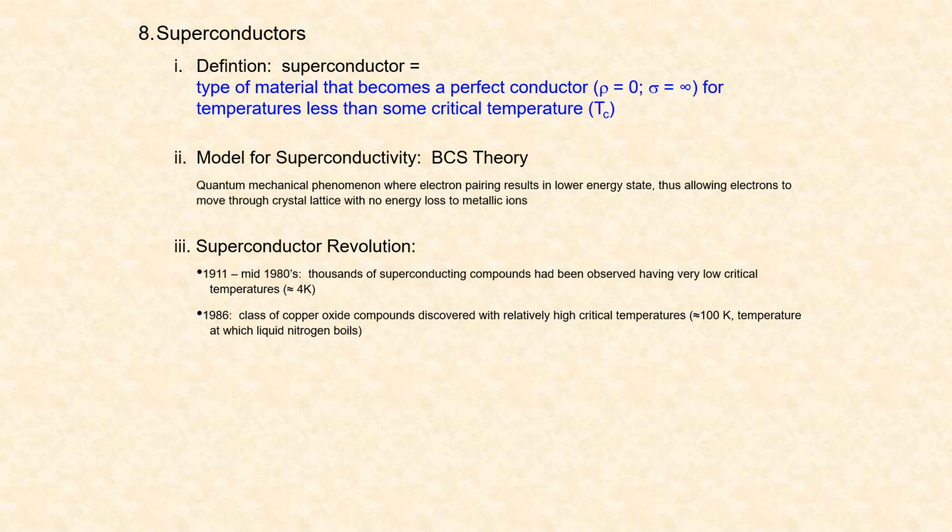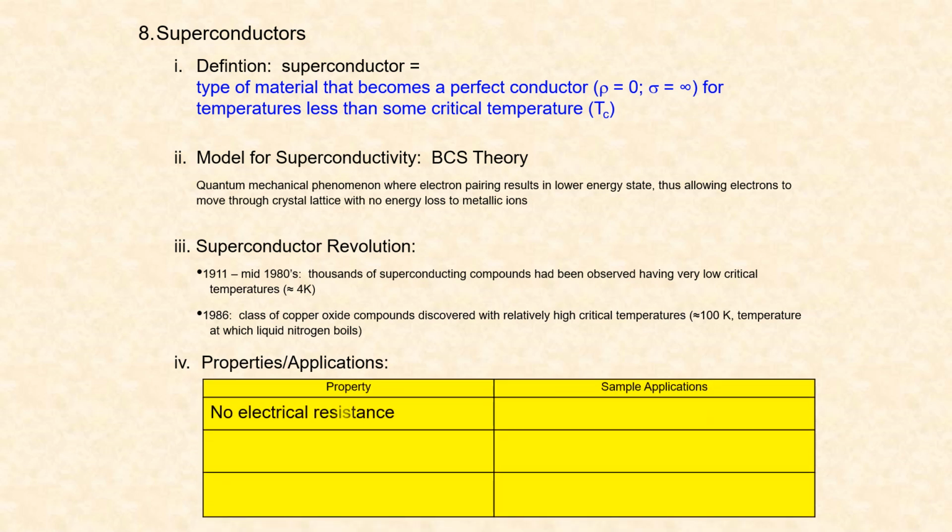Unlike most metals, which are very malleable and ductile and can be drawn out into thin wires, these compounds that could become superconducting at relatively high temperatures were very brittle, and that made them very impractical for widespread use in technology. But let's take a look at some of the properties or applications of superconductors.